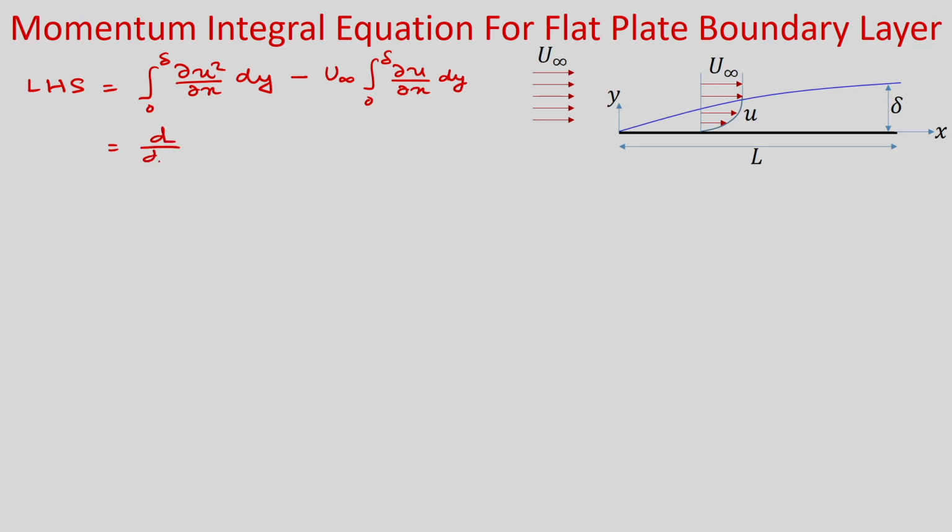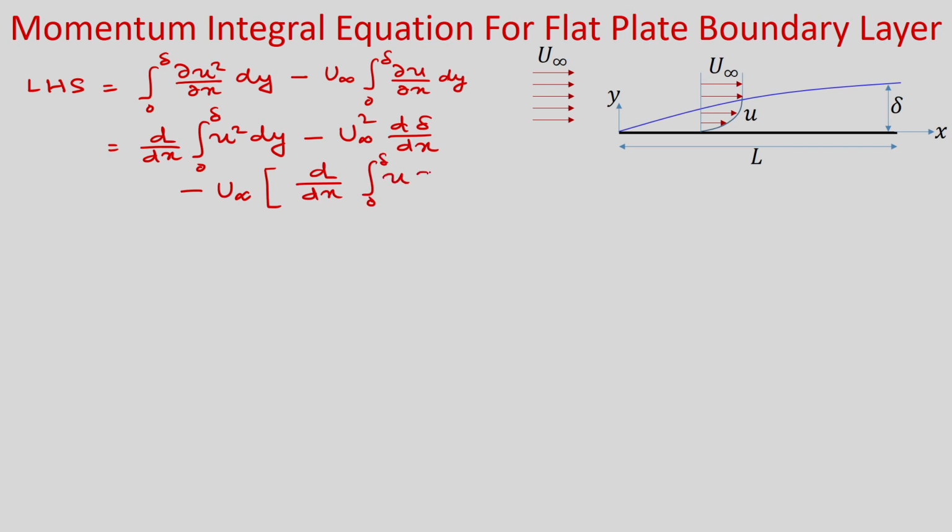So, d/dx of the integral from 0 to delta of u square dy minus u infinity square d delta/dx, and for this term we have minus u infinity d/dx of the integral from 0 to delta of u dy minus u infinity d delta/dx. Okay. So, now we can simplify it.